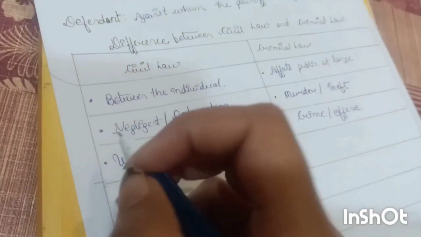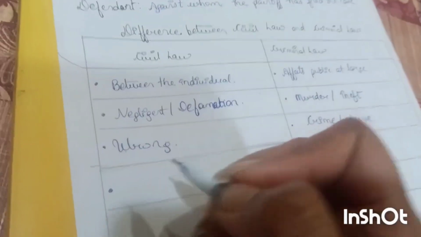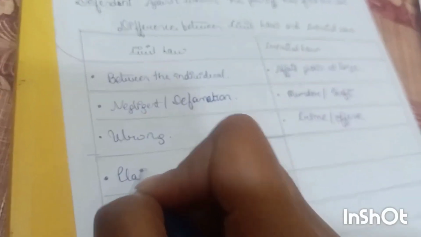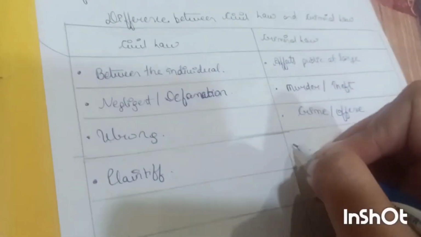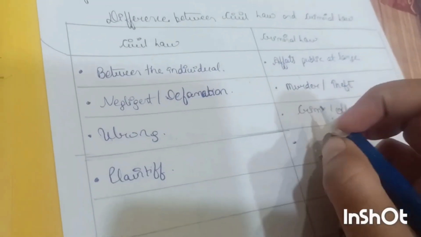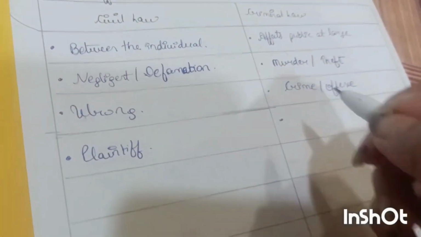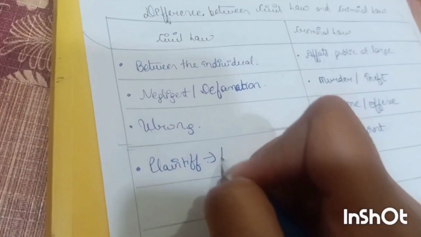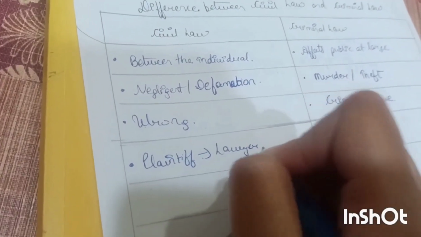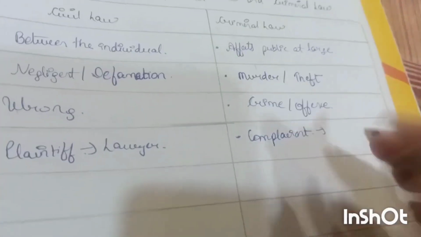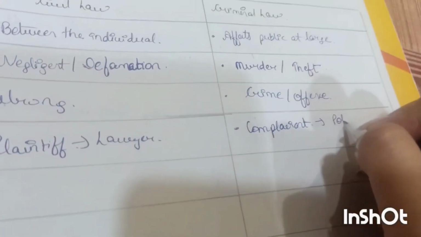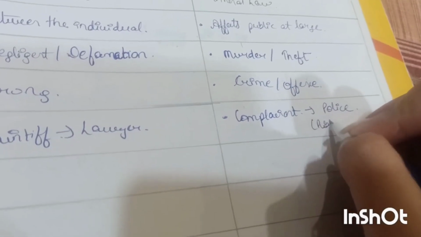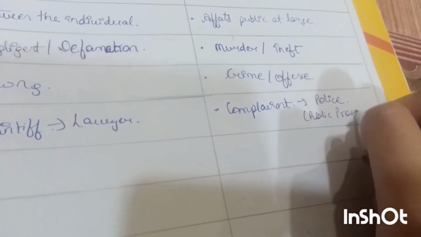In civil cases the person who files the case is known as the plaintiff, who goes to a lawyer, and in criminal cases it goes directly to the police and the public prosecutor.